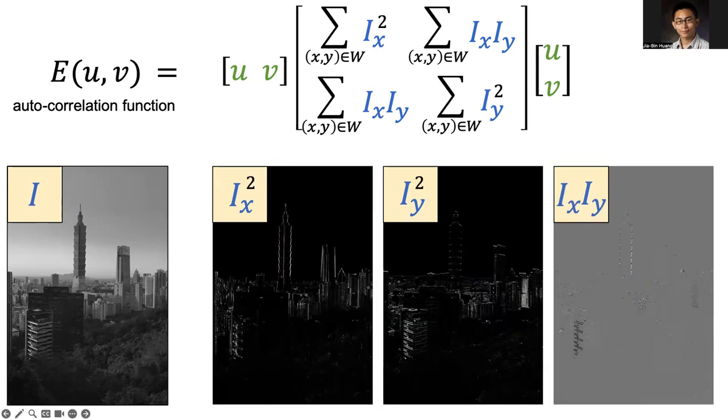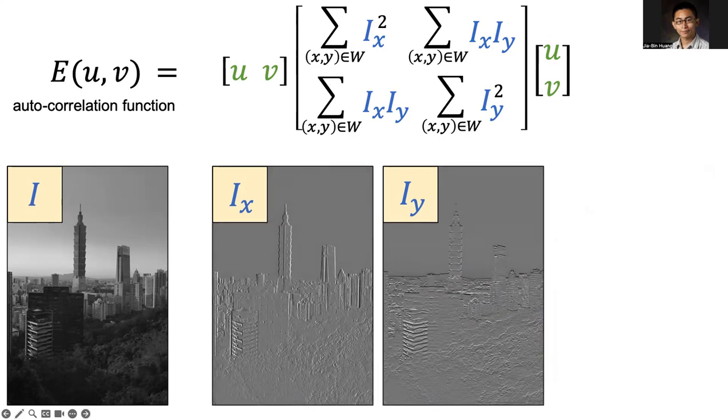So from Ix and Iy, you need to prepare, for every pixel, this 2D matrix, right? And this 2D matrix has three things: one is Ix squared, Iy squared, and Ix Iy.